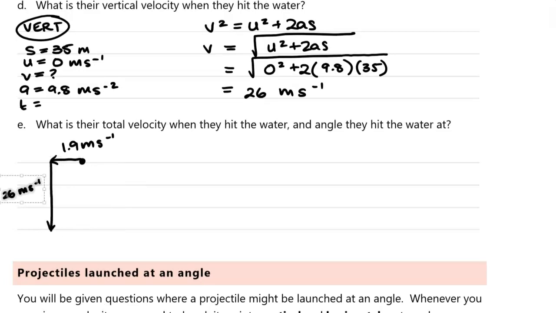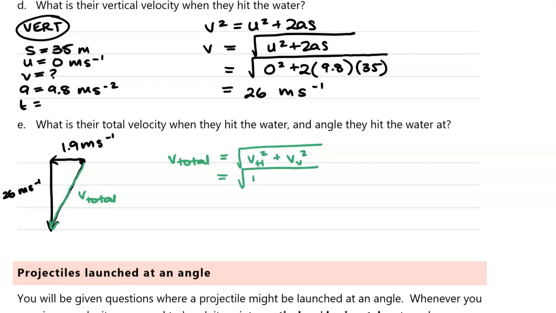And then what we're trying to find is this length here. This length gives the total velocity. To find that, we're going to have to use Pythagoras. So V total is going to be the square root of V horizontal squared plus V vertical squared. We had V horizontal, that was 1.9, and we'll square it, plus V vertical, 26, square it.